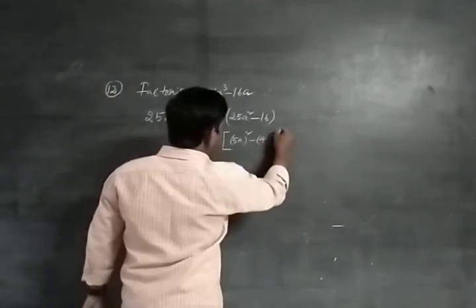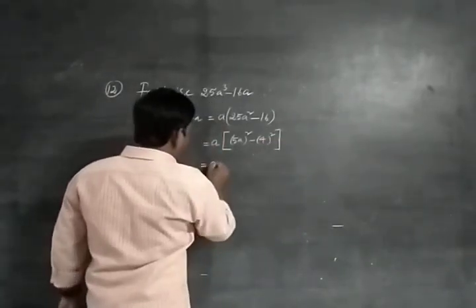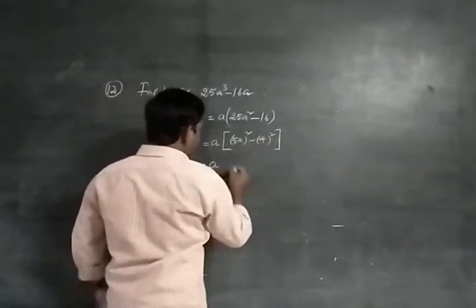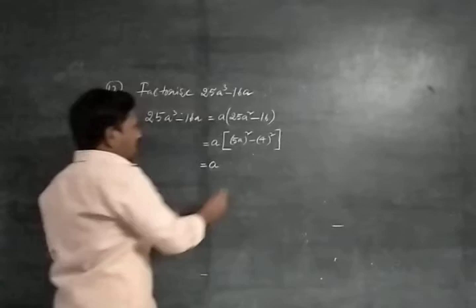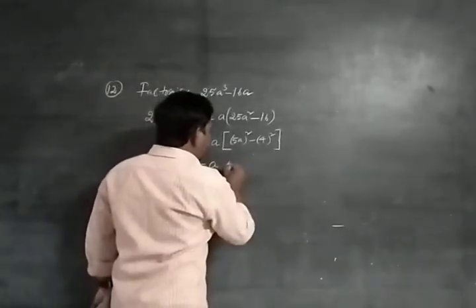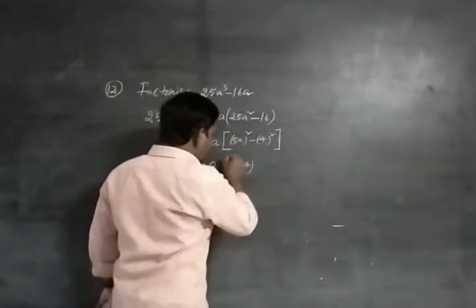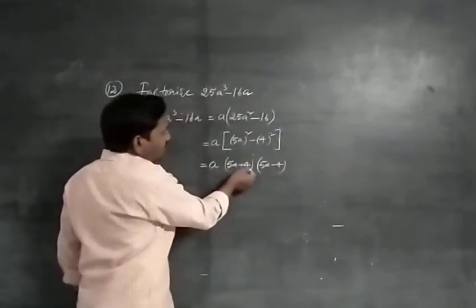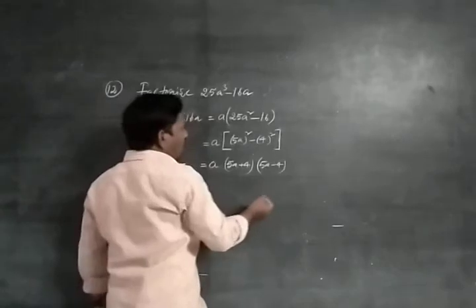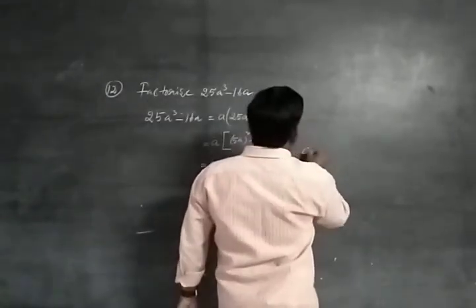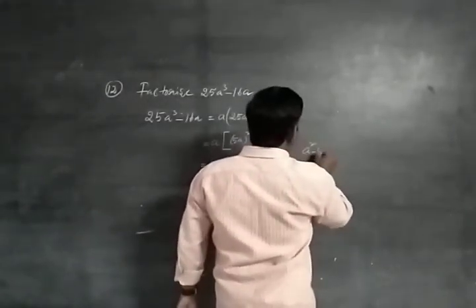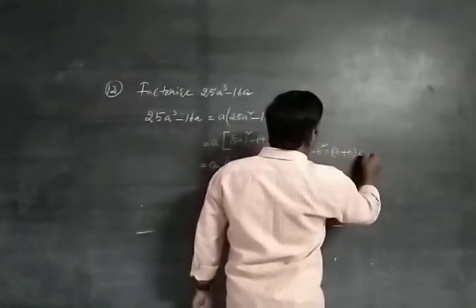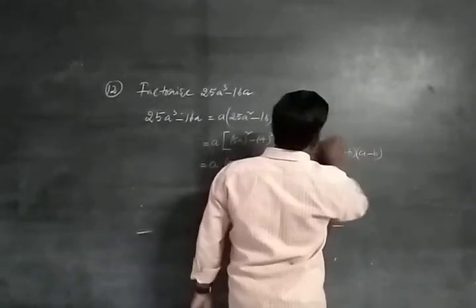Okay, a into, this is a square minus b square, a plus b into a minus b. That means 5a plus 4, 5a minus 4. What formula do we have to use here? A square minus b square equals a plus b into a minus b.